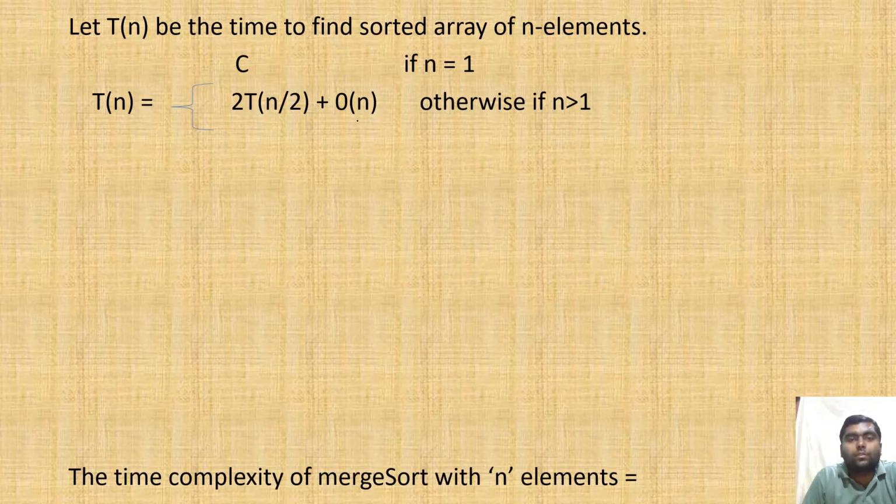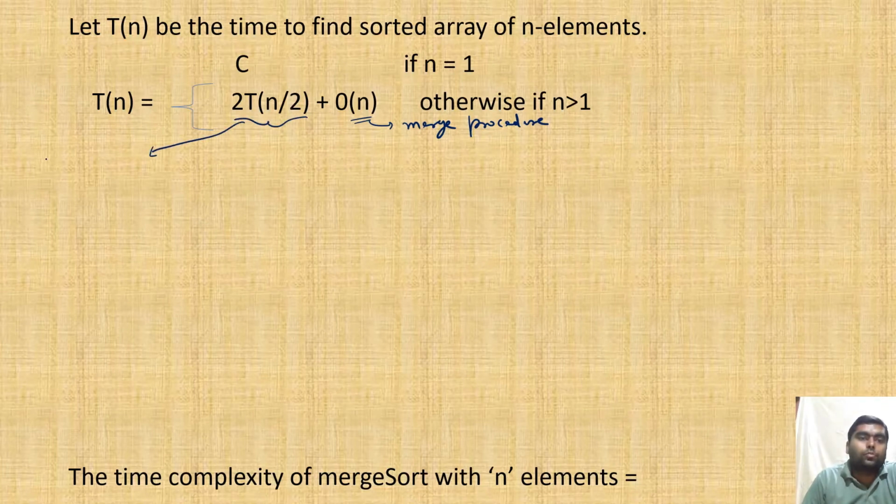This is for the merge procedure, and this is for 2 times merge sort time for n by 2 elements, like this.